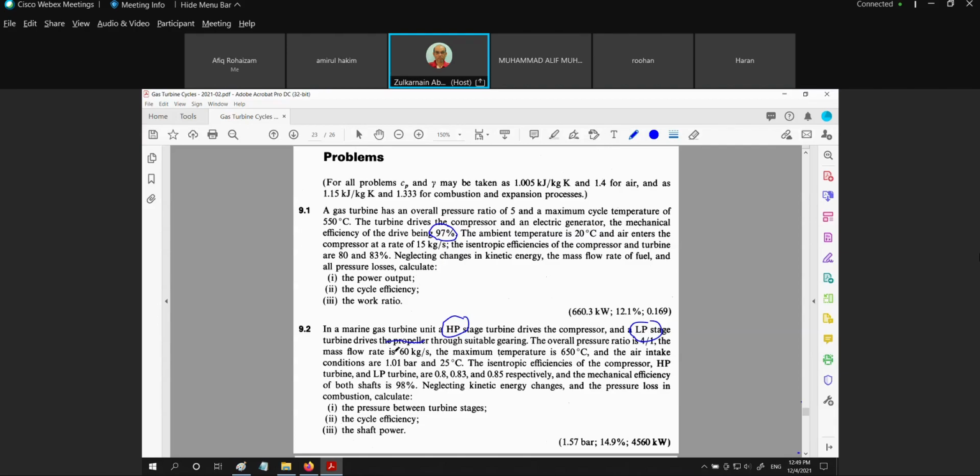So we have two shafts: high pressure connecting to the compressor, low pressure connecting to the electrical generator. We have isentropic efficiency for three devices, and for the two shafts we have mechanical efficiency. So try to sketch the schematic diagram, then number all the processes from the schematic diagram and sketch the TS diagram.